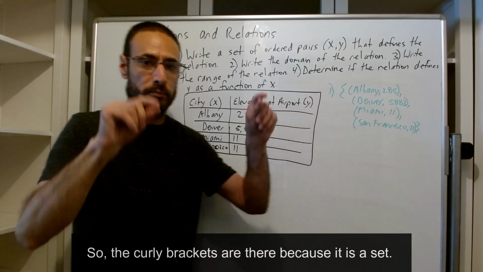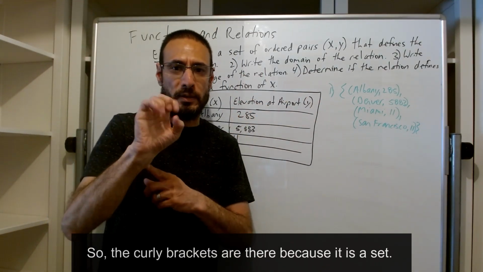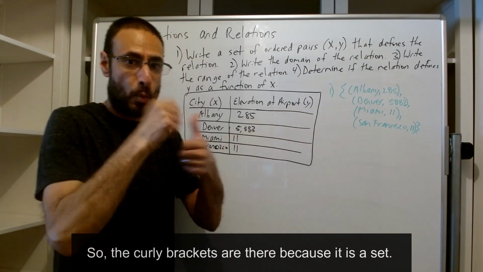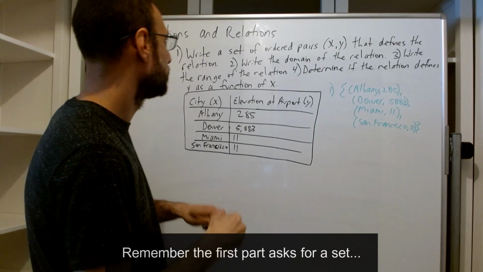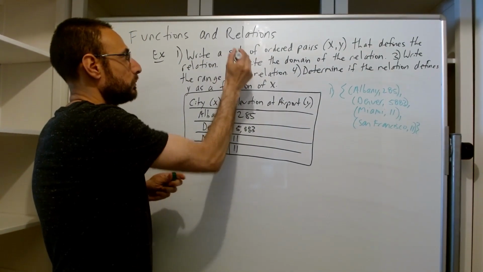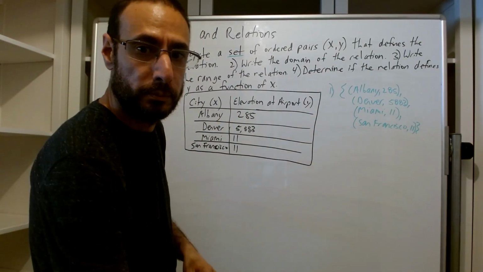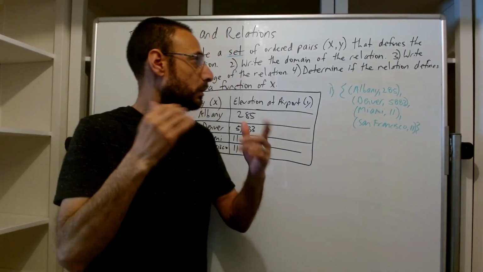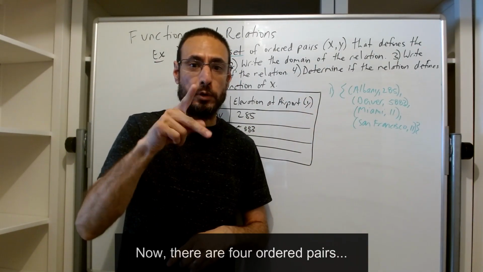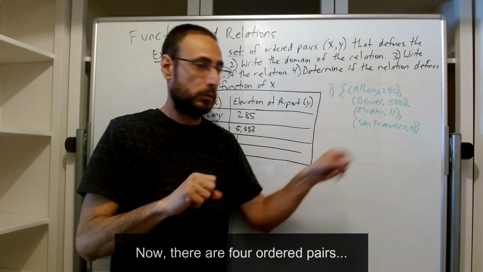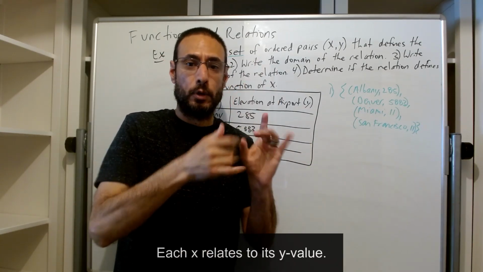So, the curly brackets are there because it is a set. Remember, the first part asks for a set. Now, there are 4 ordered pairs. Each x relates to its y value.